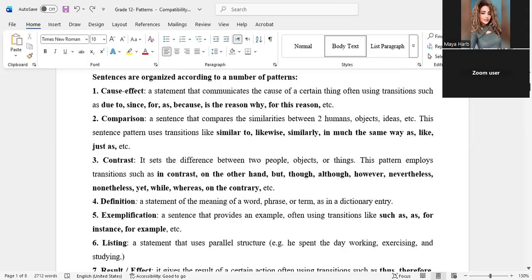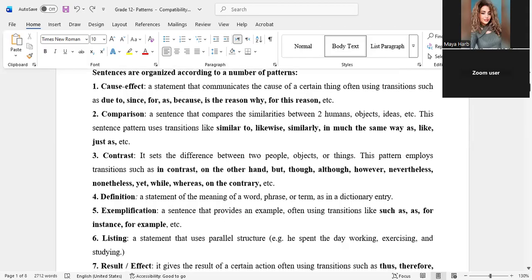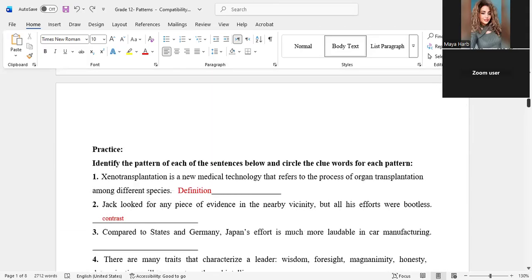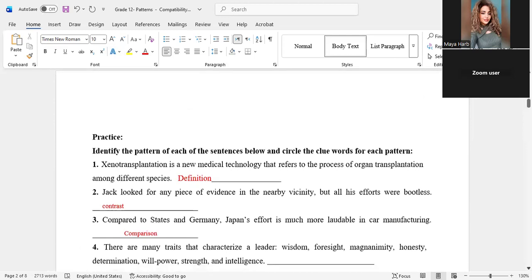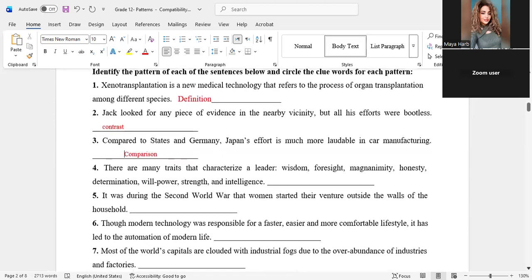I'm saying Japan is better in manufacturing cars. So yes, here we should write also comparison. Okay. So, comparison.